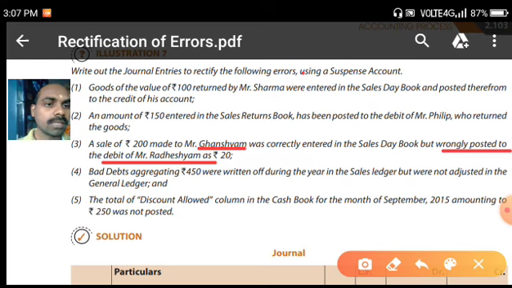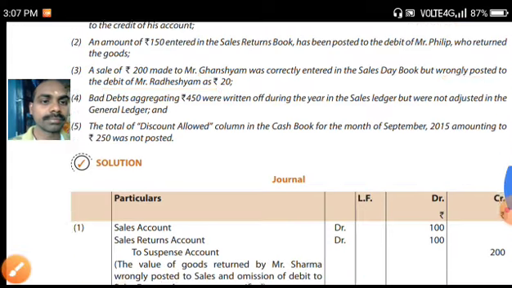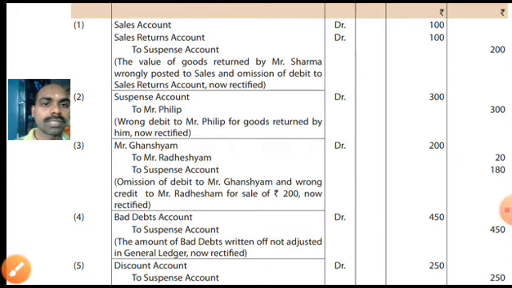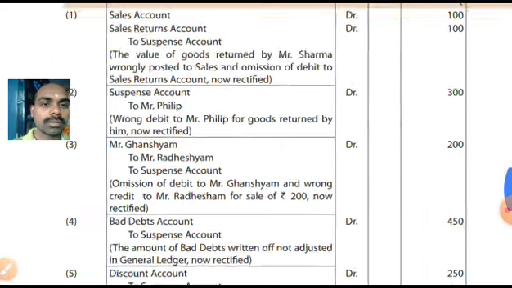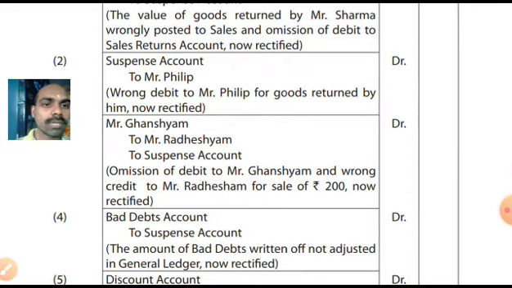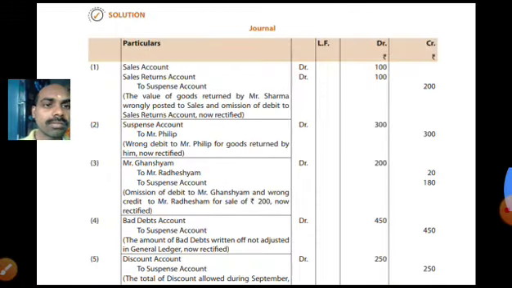Let us see the rectification entry. Mr. Ghanshyam account debit with 200 rupees, and Radheshyam, instead of debiting we need to credit him 20 rupees, so to suspense 180 rupees.